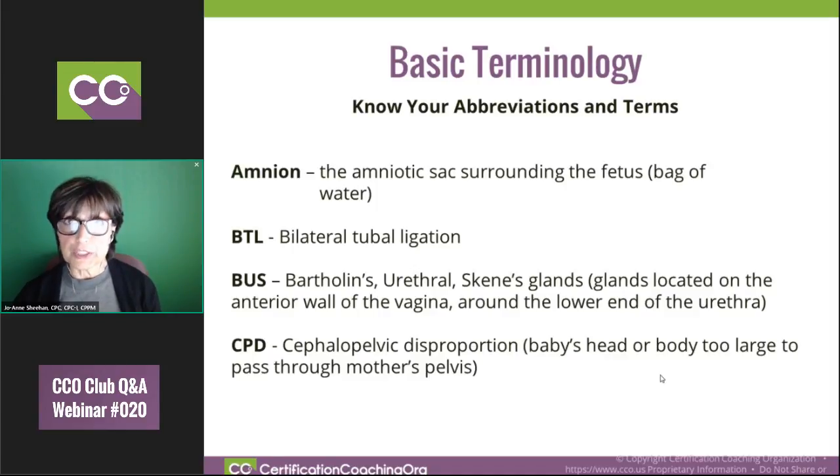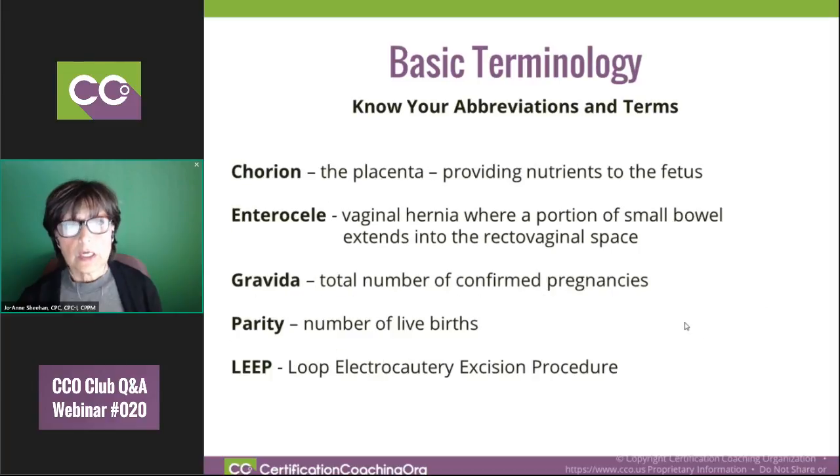cephalopelvic disproportion, which is basically a baby's head or body that's too large to pass through the mother's pelvis. There are also other terms like transverse and so forth, where the baby is in other positions, but this one I just shared with you. Chorion is the placenta, which provides nutrients to the fetus.